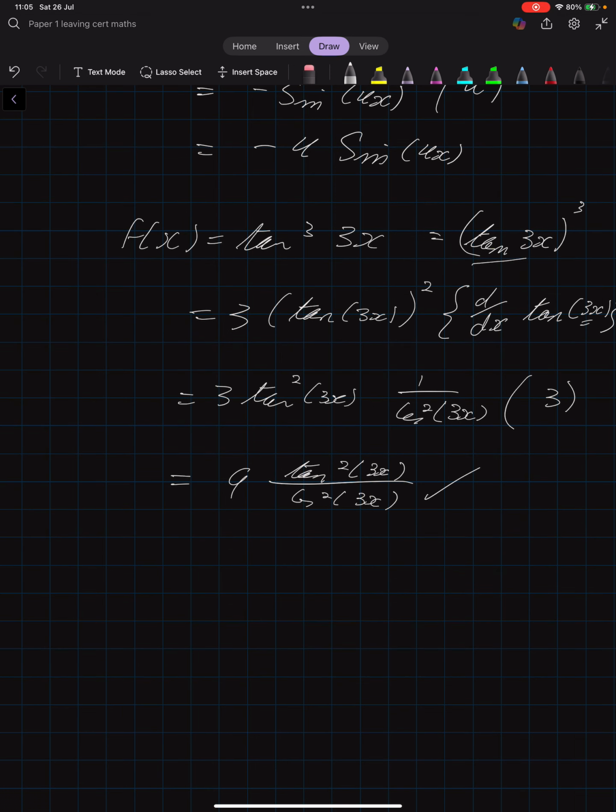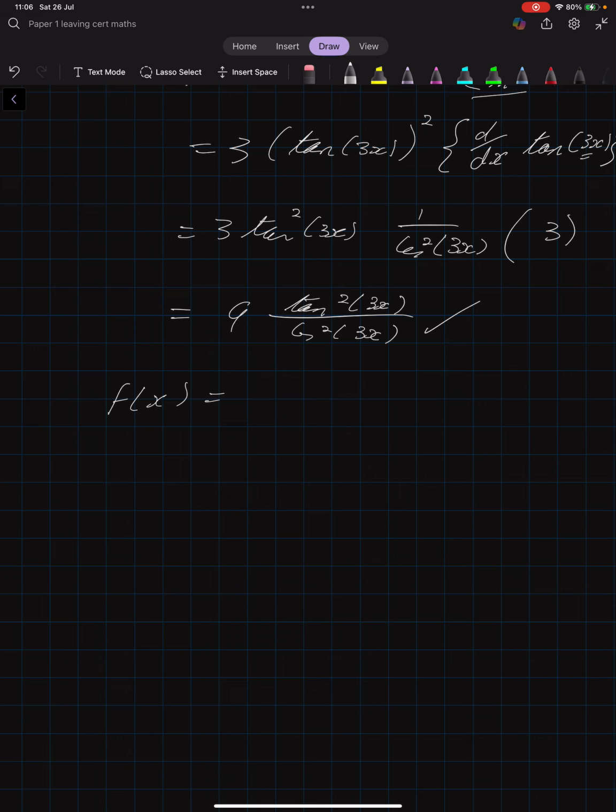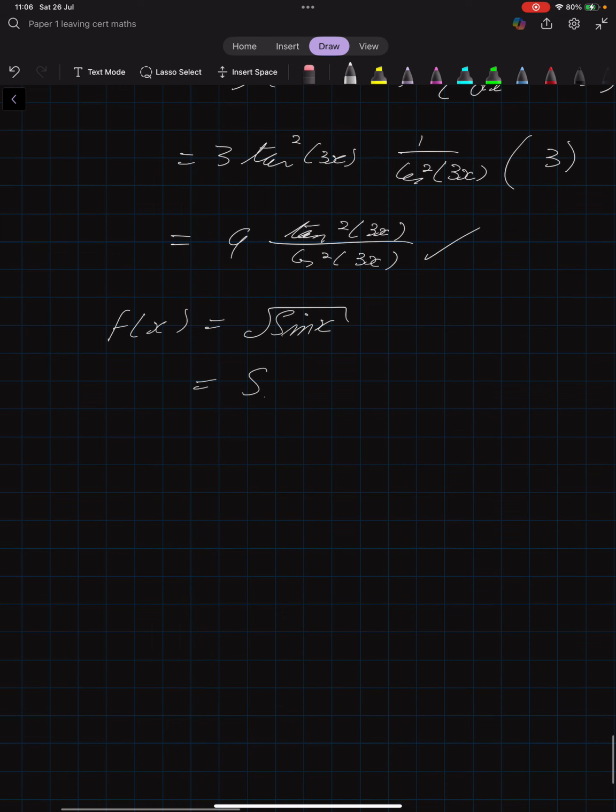Nothing more. Okay? Finally, if f of x was equal to the square root of sine x, how would you differentiate this? Again, this is sine x to the power of a half. So how do I differentiate this?